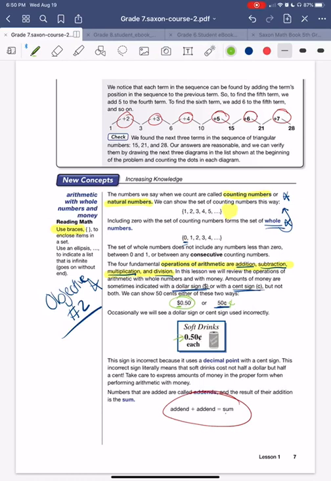So this is incorrect because it uses the decimal point with the cent sign. You can't use them both like that. All right. If you want to use the decimal, you need to use the dollar sign. If you're not using the decimal, then you use the cents. Okay.